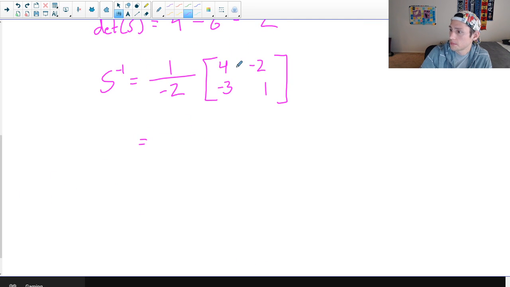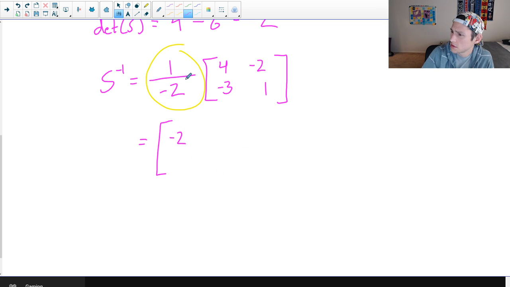Okay, so now let's do the scalar multiplication. So I'm going to multiply negative 1/2 by each of these entries. Remember, because that's what happens when we do scalar multiplication. We just multiply everything inside. All right, so 4 times negative 1/2 would be negative 2.